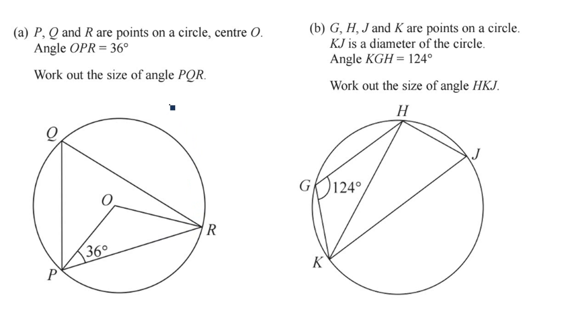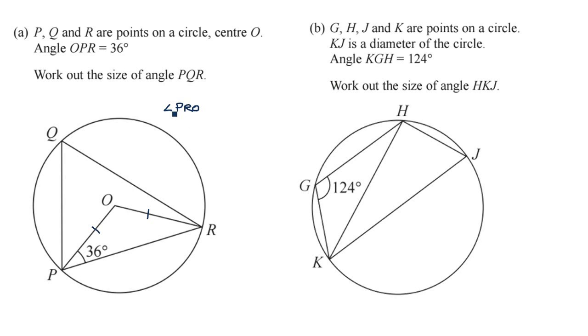So again, we need to notate the angle we're working on, so PRO. Well, this triangle here is clearly an isosceles triangle because this is a radius and this is a radius. We're not asked to give the reason in either of these parts of this question, so I'm not going to give the reason except verbally.